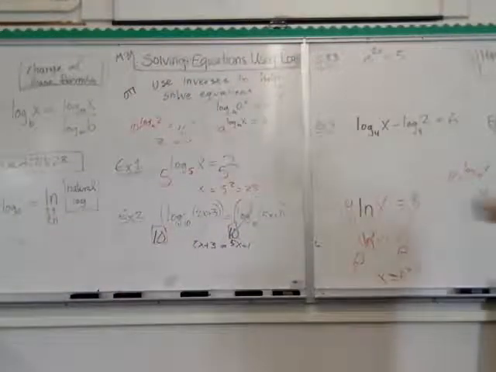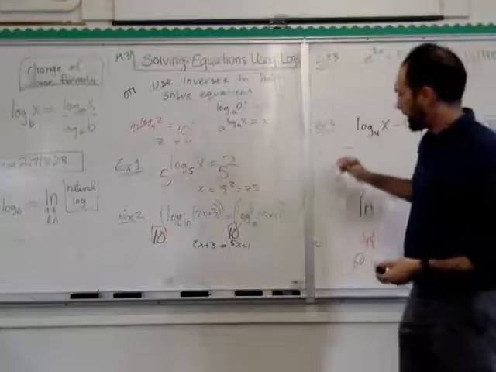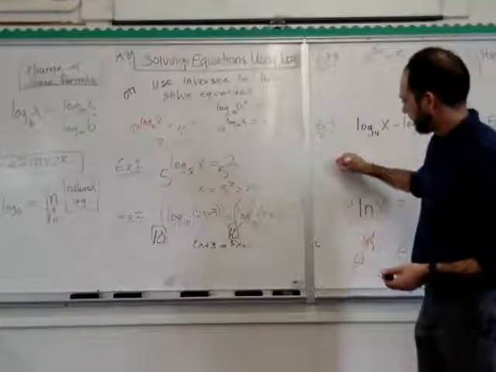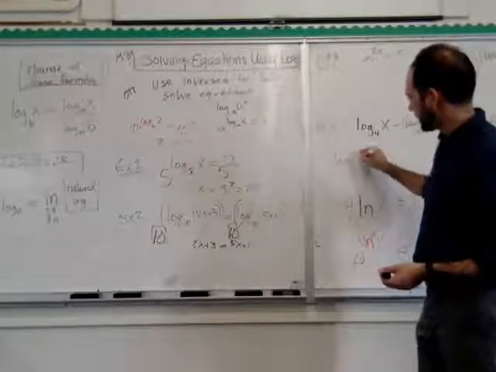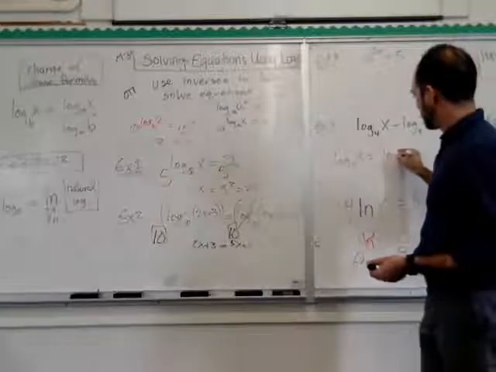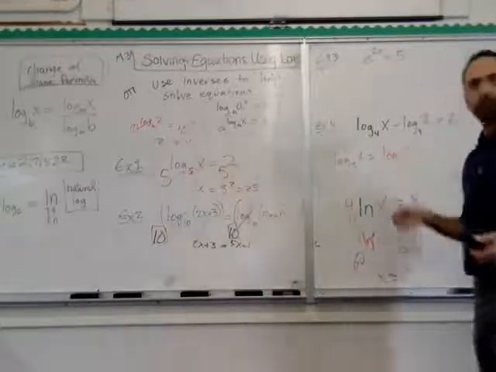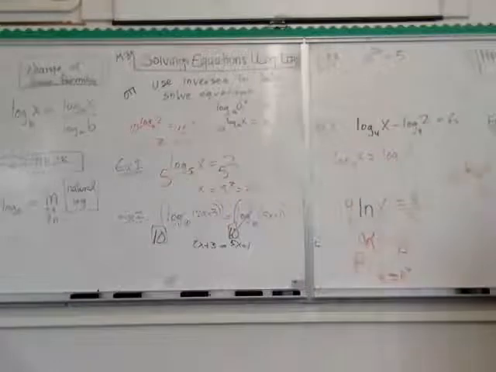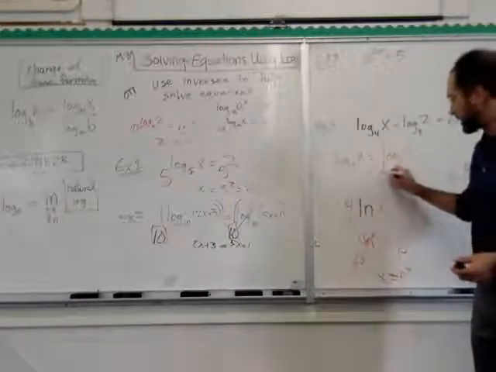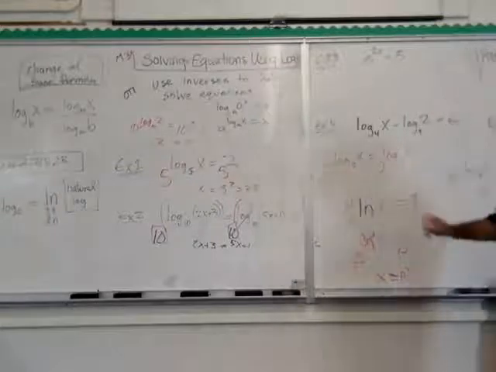Let's just do one real quick. How about if I have log base 2 of x is equal to log base 2 of 4. What's your suggestion? Yes, 2. We say that's now the exponent for 2 raised to those powers.